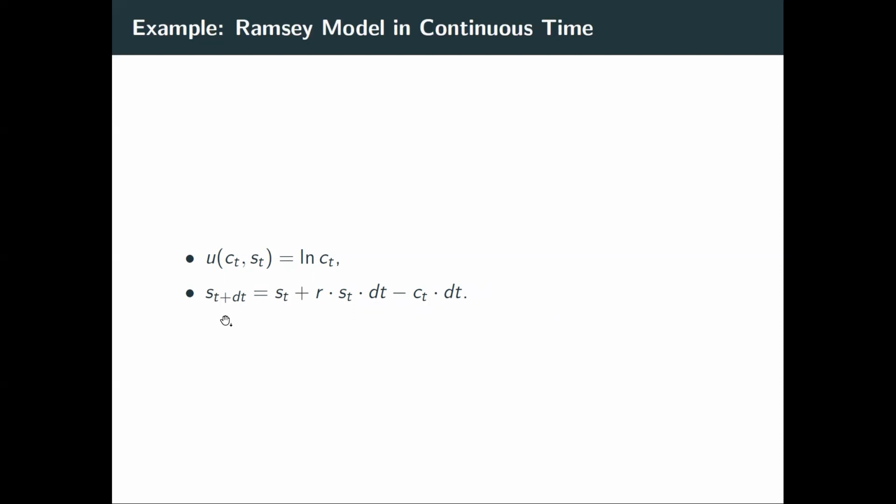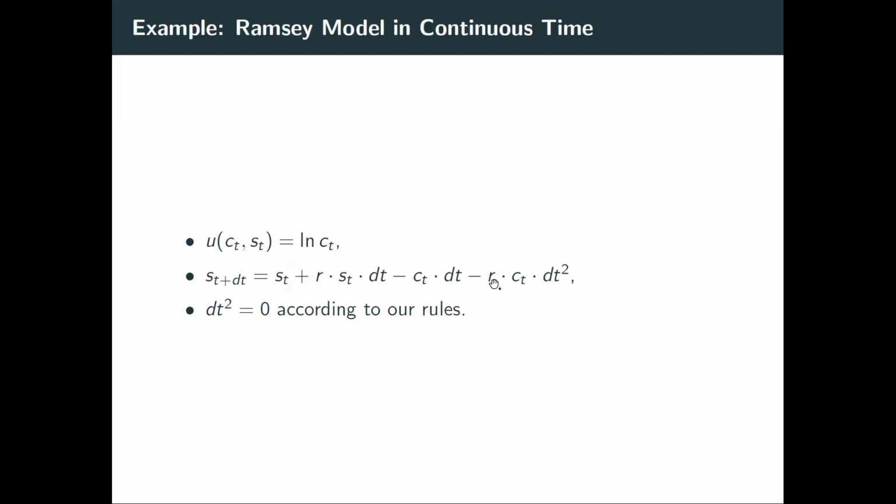It's quite straightforward how to read it. Your savings in the next instant are equal to the same savings that you had, plus the change to these savings, which is your consumption for this infinitely small time period dt, and the percentage on your savings.